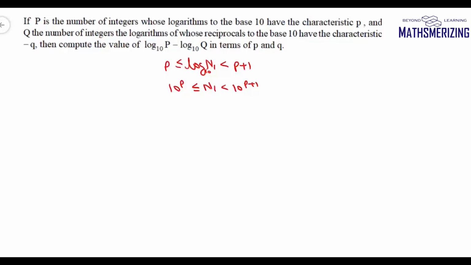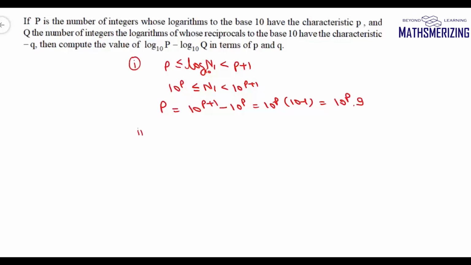So the number of such integers, which is capital P, will be given by 10 to the power p plus 1 minus 10 to the power p. I'll take 10 to the power p common. I'll get 10 minus 1. So it is 10 to the power p into 9. Now that's your first part.